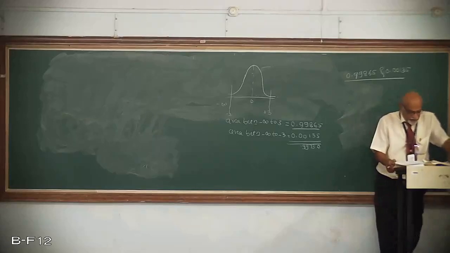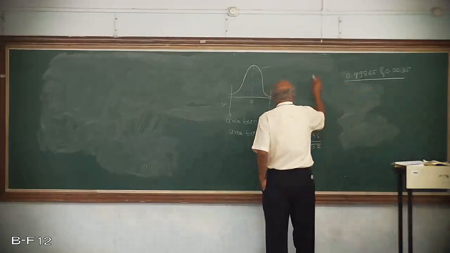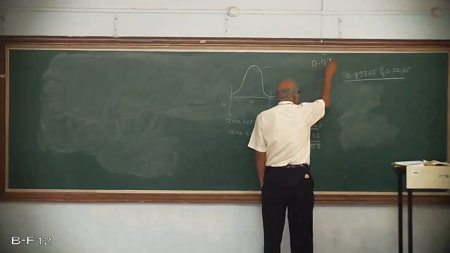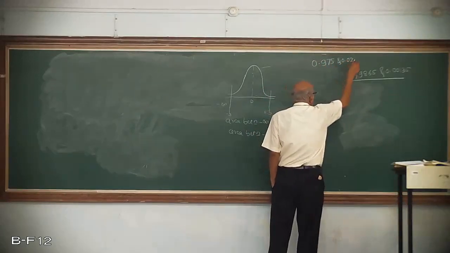A control chart for defects per unit uses probability limits corresponding to probabilities of 0.975 and 0.025.